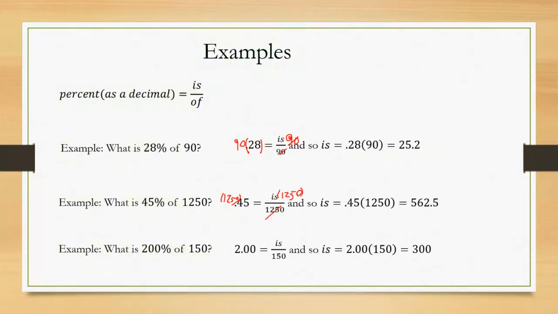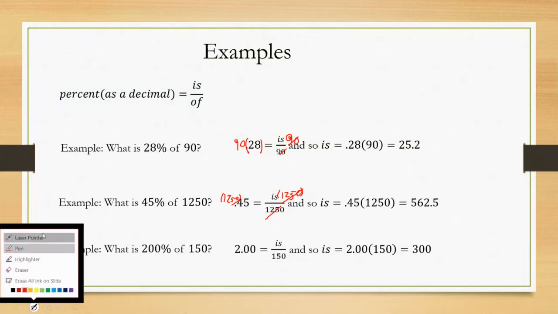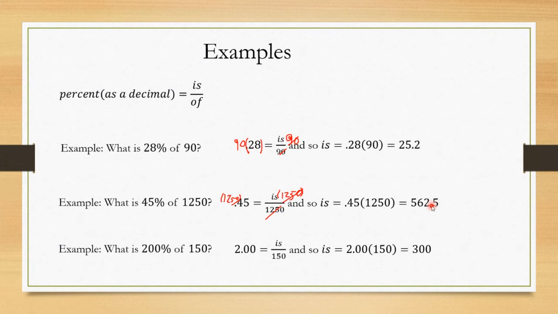That's our unknown, so we multiply both sides by 1,250. That gets the is all alone. We get is has to equal 0.45 times 1,250, and that turns out to be this product. So 562.5 is 45% of 1,250.